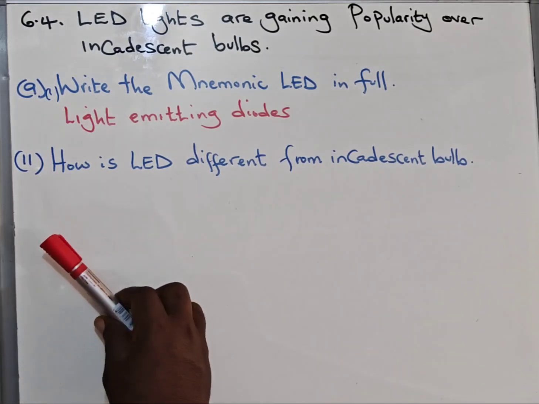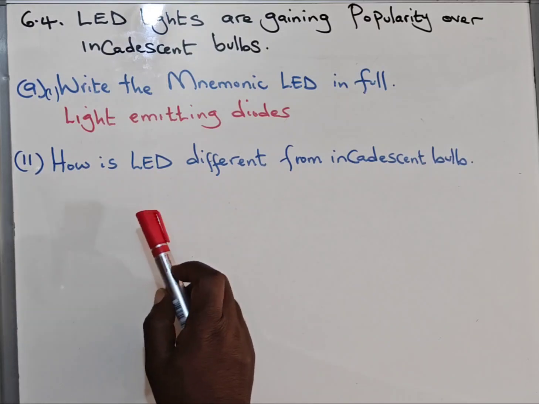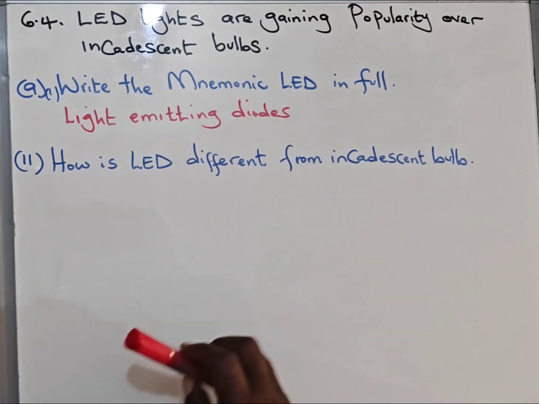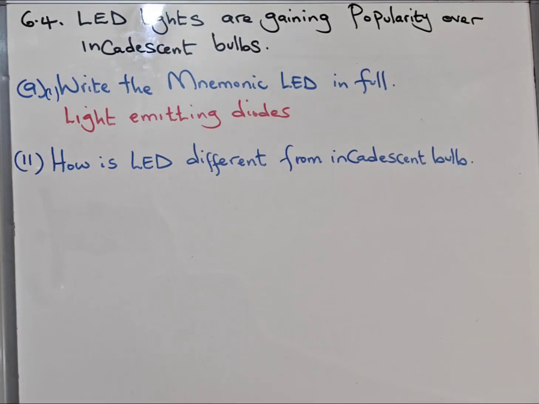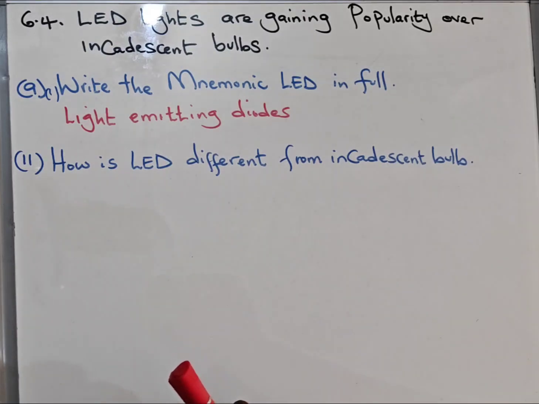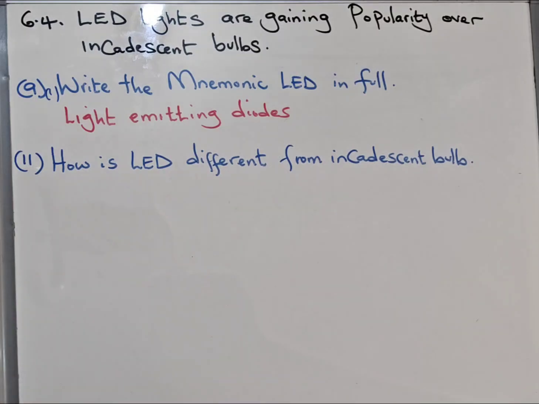So comes this one. It says, how is LED different from incandescent bulb? What are the differences between light emitting diodes and the bulbs we normally know, the incandescent, the one with the filament? The first difference is that current in LED flows only in one direction. They are valves actually.